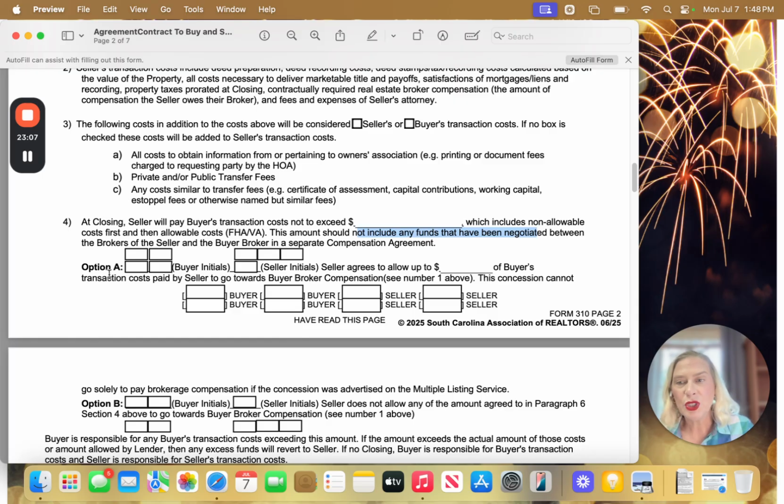Now, we have two options under this. So we're asking for $6,000 in buyer's transaction cost here, as an example. Option A says that the seller agrees to pay blank dollar amount of this transaction cost to be paid by the seller to go towards buyer compensation fee. So what you're going to put on there is $6,000.